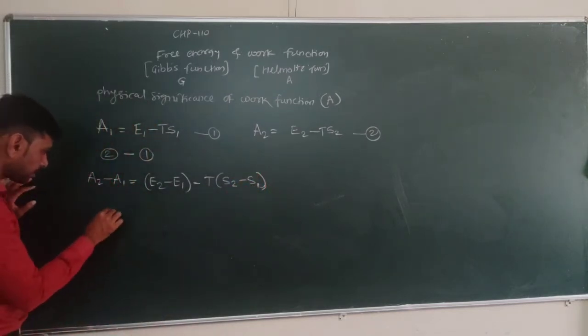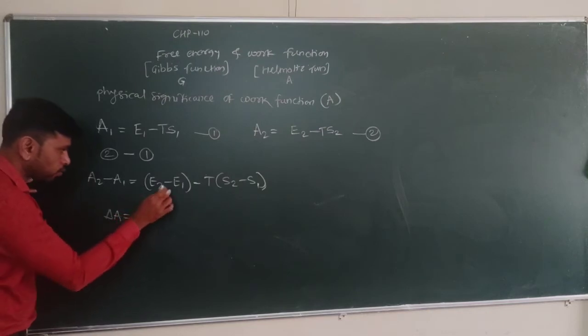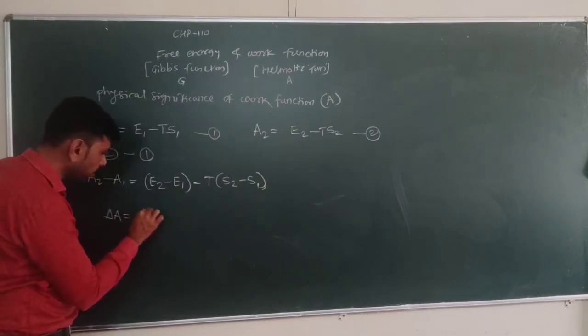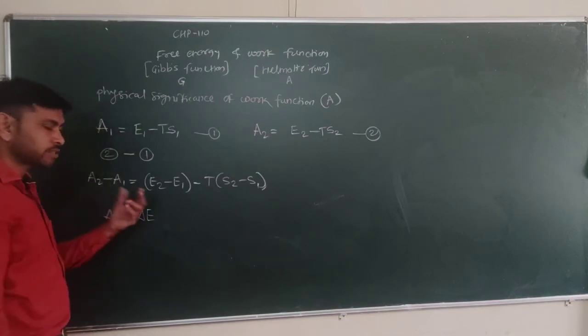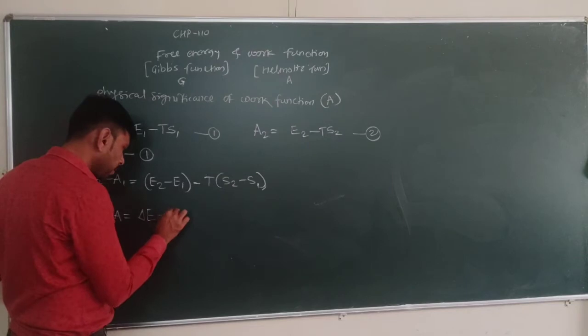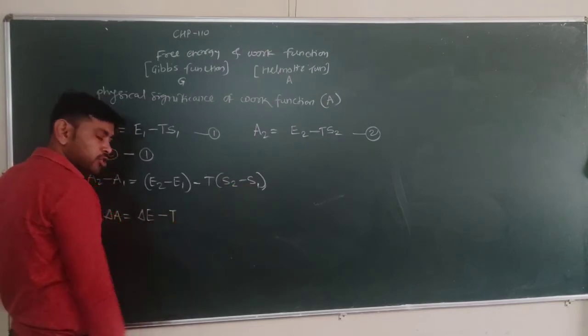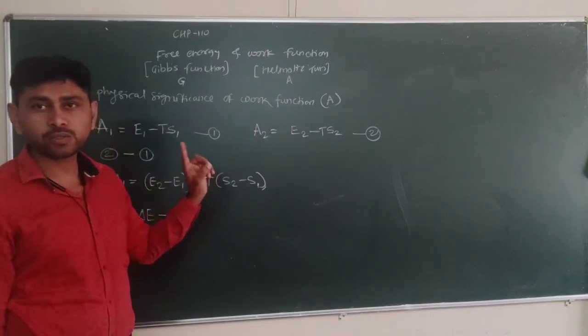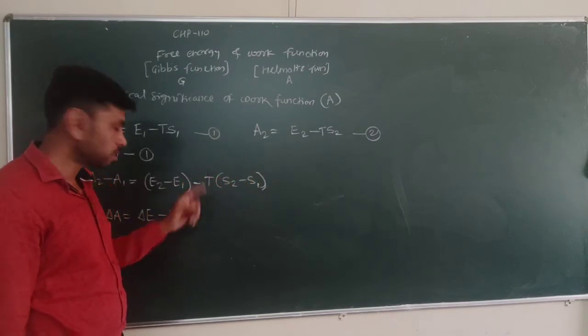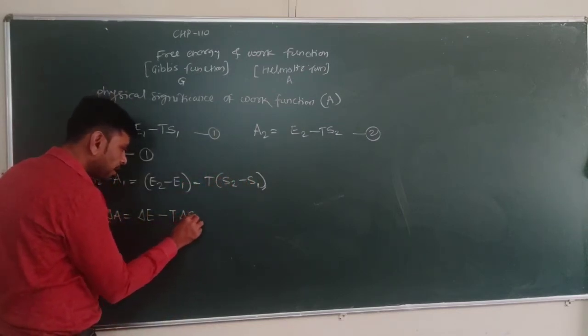So we can write delta A is equal to delta E, that is a state function, which depends on the initial and final state, minus T delta S. Entropy is also a state function which depends on the initial and final state of the system, so it is represented by delta.